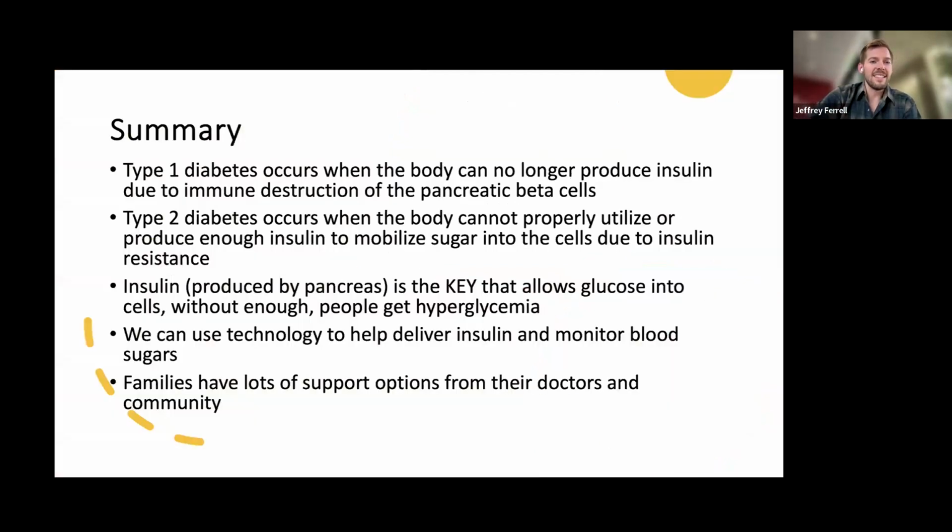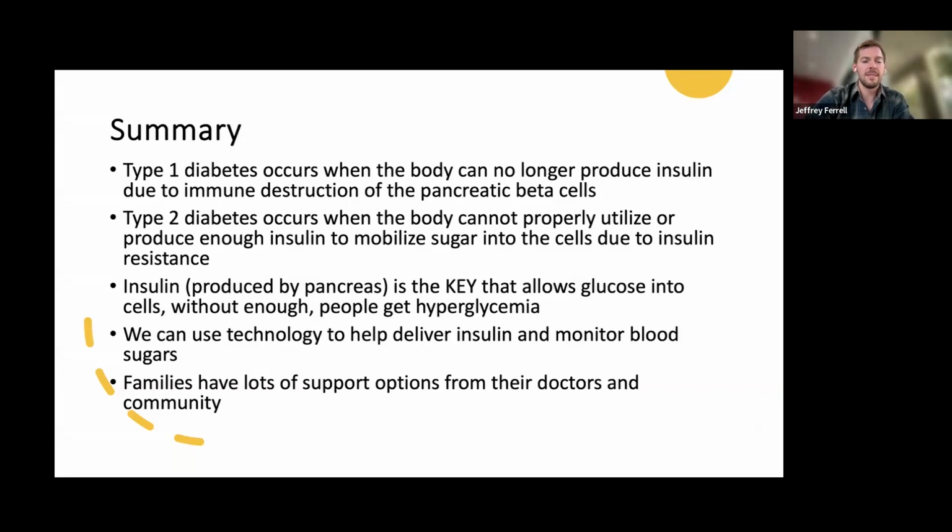All right, so that was a lot of information. Just to summarize quickly, type 1 diabetes happens when the beta cells from the pancreas are no longer able to produce insulin. So you cannot use the blood sugar to actually feed the cells of your body. Type 2 diabetes happens when the body can't use the insulin, or there's not enough, or the cells are resistant to insulin, and so the body's making lots and lots of insulin, but it's not actually having the effect that it needs to.